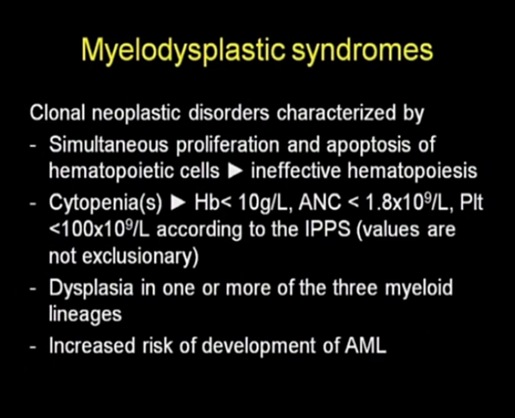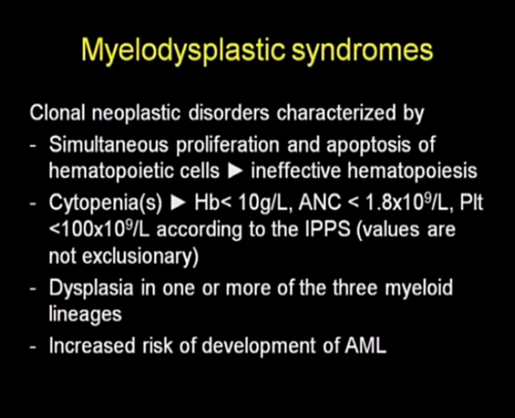Myelodysplastic syndromes are clonal neoplastic disorders which are characterized by simultaneous proliferation and apoptosis of hematopoietic cells, and this is an ineffective hematopoiesis. In peripheral blood, we have cytopenias, and according to the IPSS score, we have thresholds.